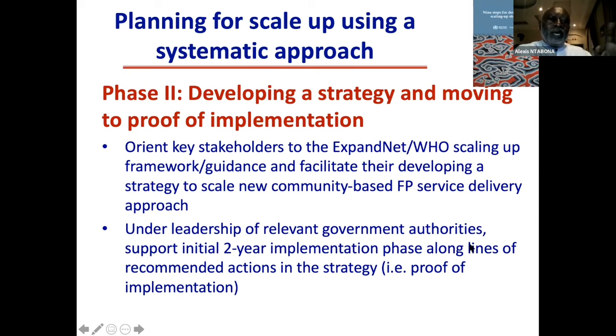So we were now at the second aspect, which was we needed to make sure that all the stakeholders know about this ExpandNet scaling up framework, and they were committed to develop a strategy which will scale up not only the new community-based service delivery approach, but under the leadership of the government authorities, they will support at least this initial 2-year implementation phase along the lines of the recommended actions in the strategy, which is, as you recall in the previous presentation, the proof of implementation need to be obtained after those 2 years. Next slide.